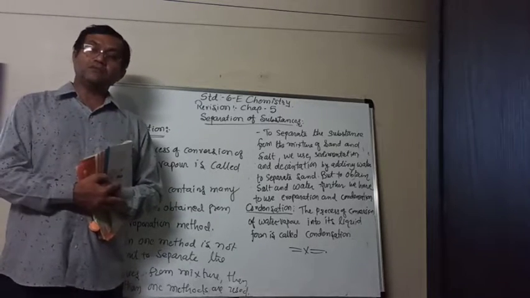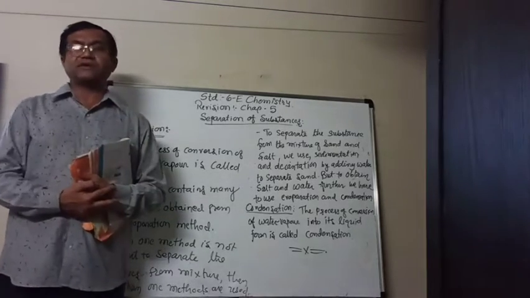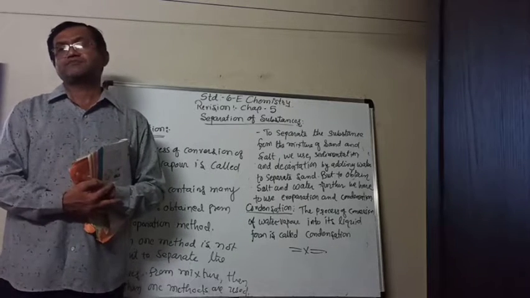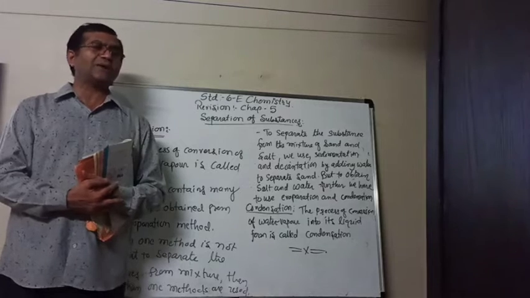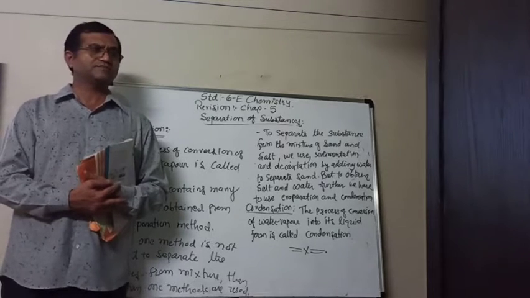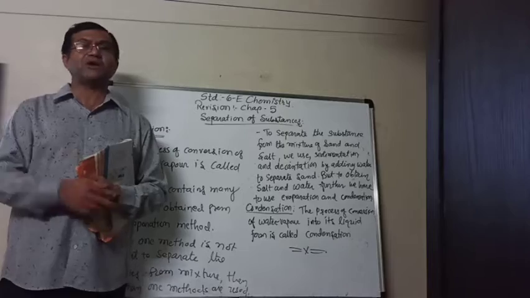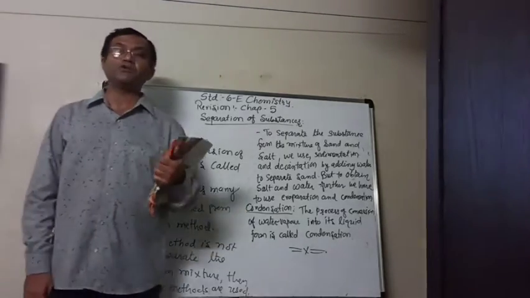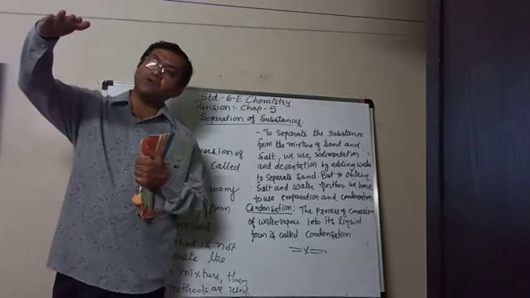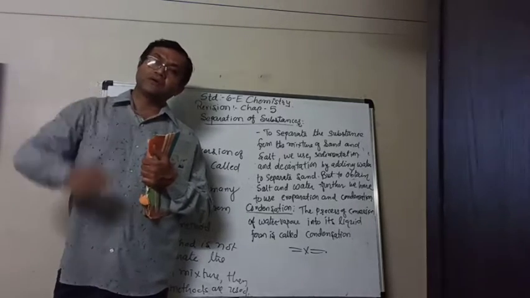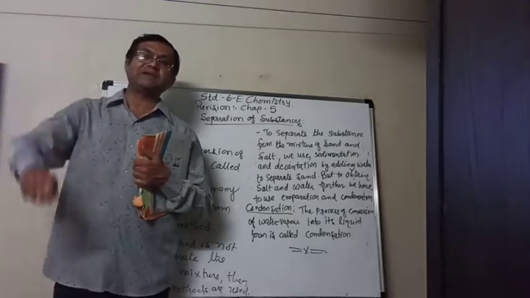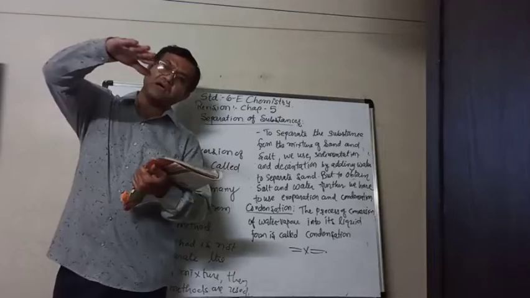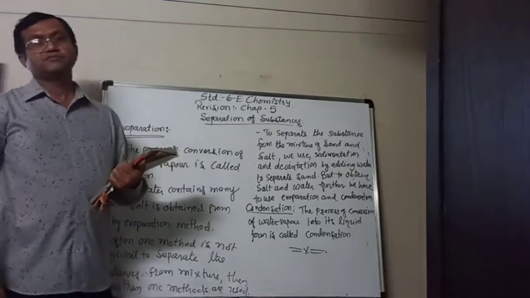Now put that kettle on the stove and give it heat. Then you will see that after a few seconds, when the water starts boiling, the vapor will come out of the spout. Then if you keep a metallic plate or a frying pan with ice on it, what will happen?